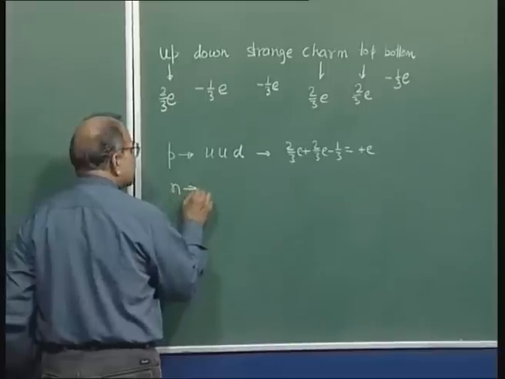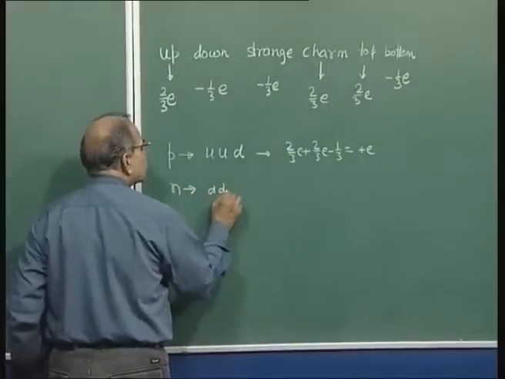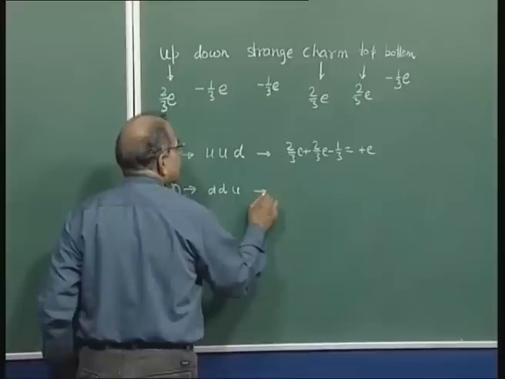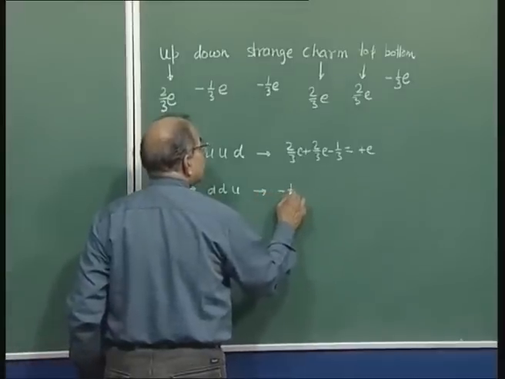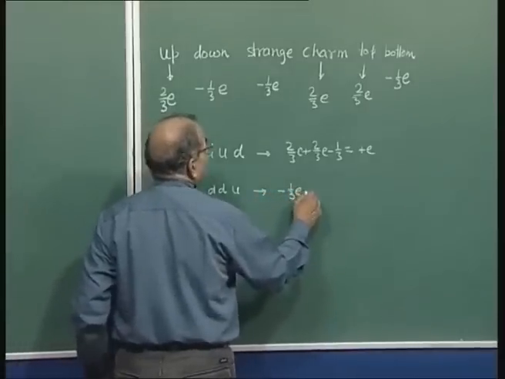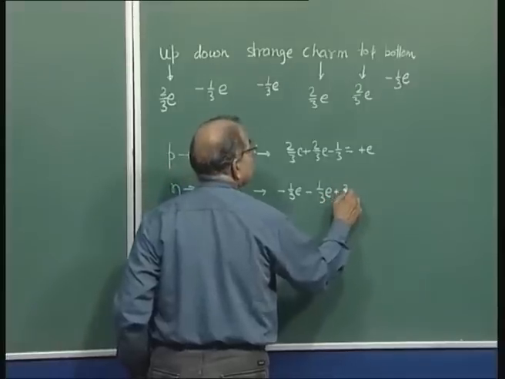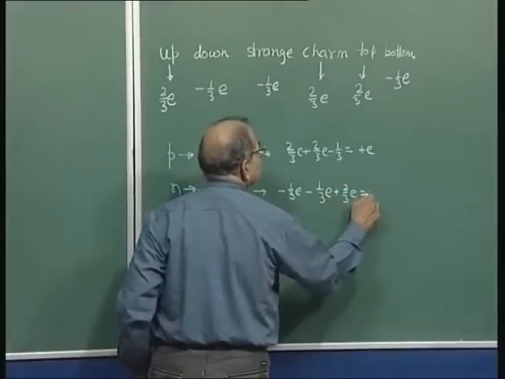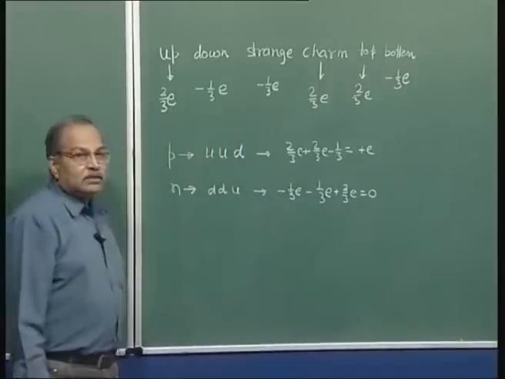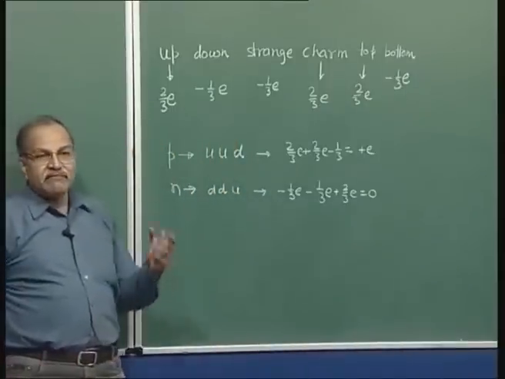Whereas, a neutron is made from 2 down quarks and 1 up quark. That is minus 1 by 3 e, minus 1 by 3 e and plus 2 by 3 e, and that is 0. So, the neutron does not have a net charge.